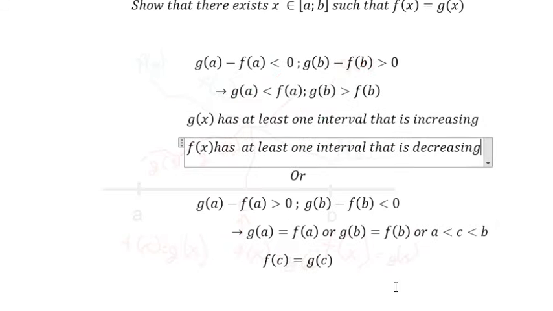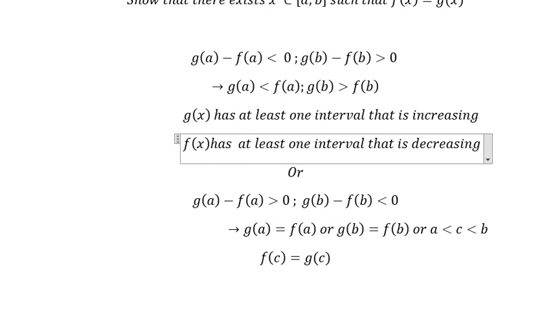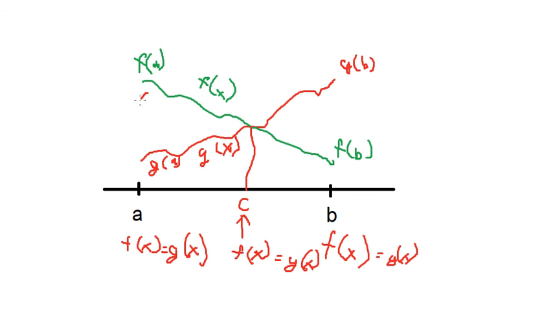And you can do the same thing for the other case. They just swap, but it works the same on the graph. So that's the end. Thank you for watching.